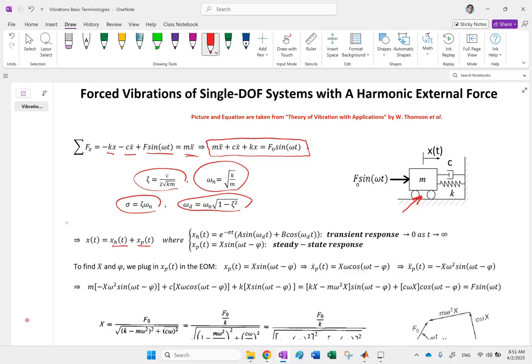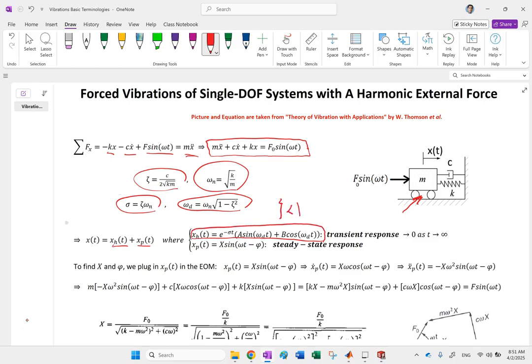The homogeneous part still is basically a damped harmonic if zeta is less than 1. If zeta is equal to 1 or bigger than 1, it's just decaying exponentials. So this part that I wrote, the homogeneous, is a damped harmonic, assuming that your zeta is less than 1.